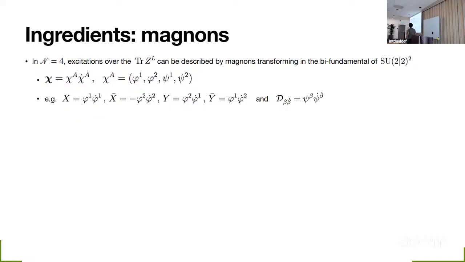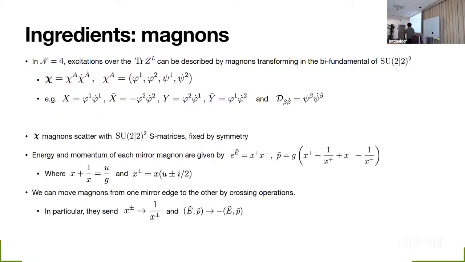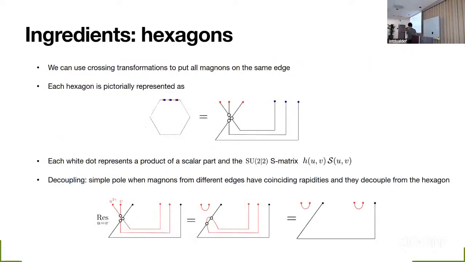So okay, and you can move these magnons along this hexagon form factor by doing some weak rotations. And yeah, but maybe that's not super important that I explain everything about this right now.